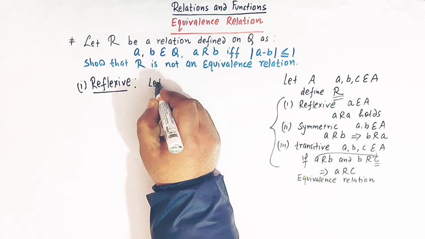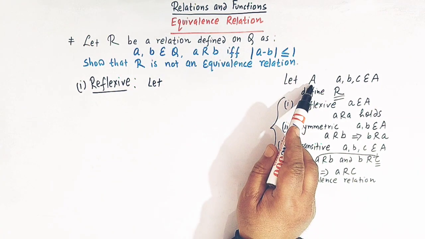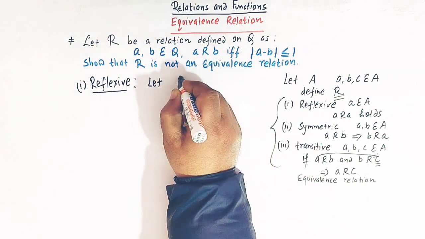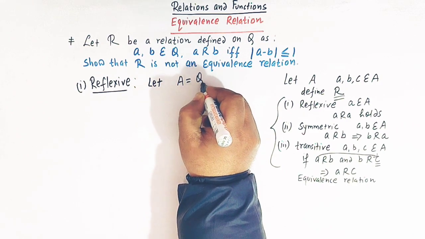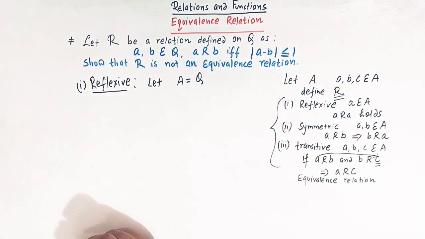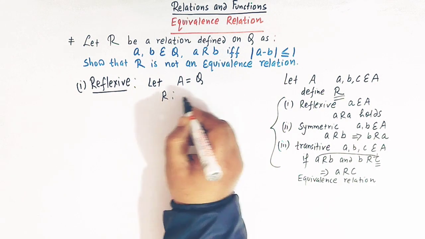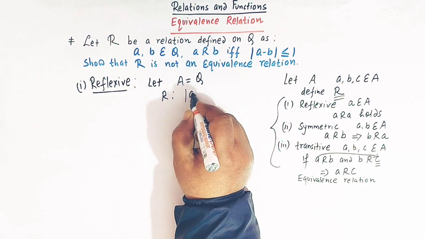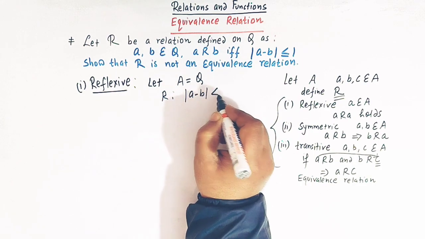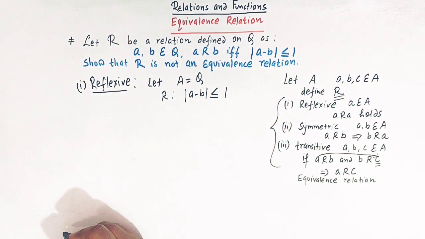Here we are given the set A as Q, which is the set of rational numbers. Now we can see that the relation R is defined as mod of A minus B is less than or equal to 1.